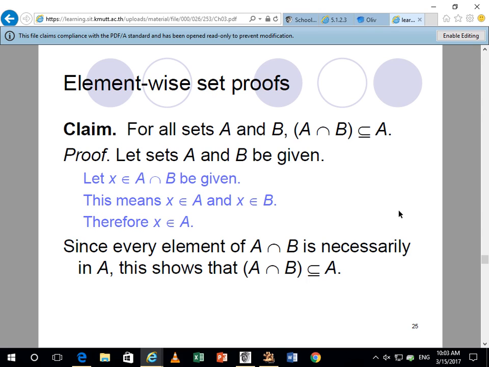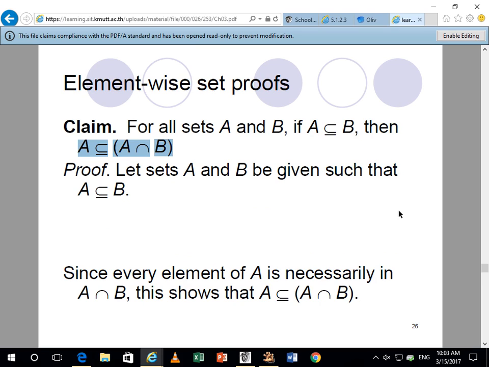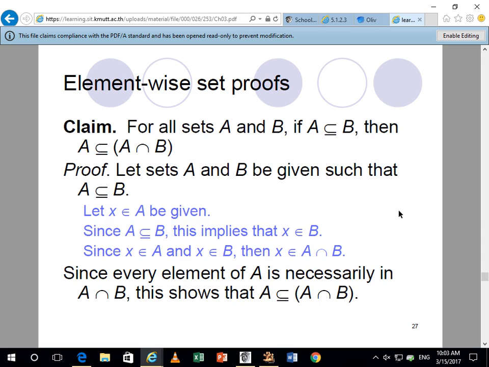It's equal if and only if this is a subset of A and A is a subset of this, by definition of equality. So in the second example, for any given sets A and B, this is general, if this condition is satisfied, if A is a subset of B, then indeed we will have this: A is a subset of A intersect B.